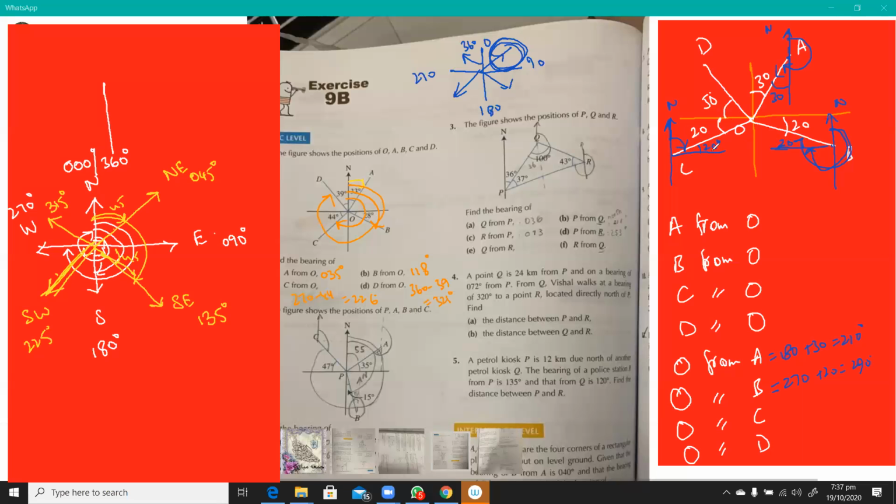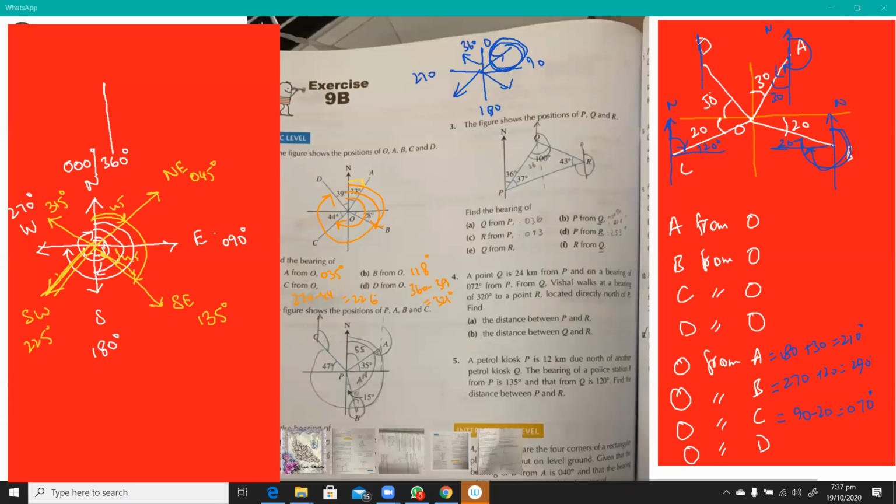So this is 20. So how much is the bearing of O from C? 90 minus 20, that is 70 degrees. Okay?